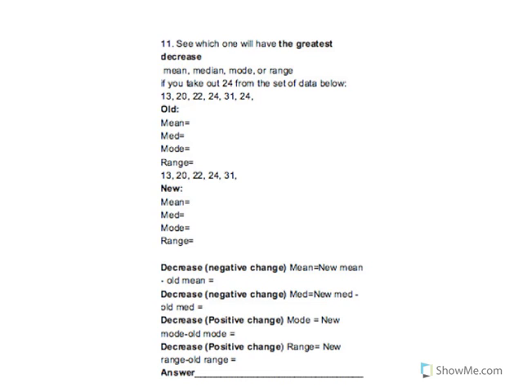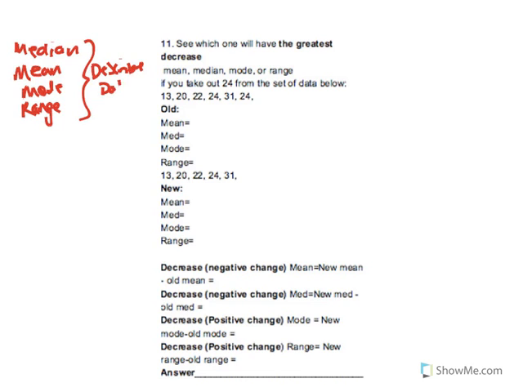Let's try this one. It says, see which one will have the greatest decrease. So remember, we learned about median, mean, mode, and range to describe data. And now we're learning about a new way to describe data, which is where we compare data.